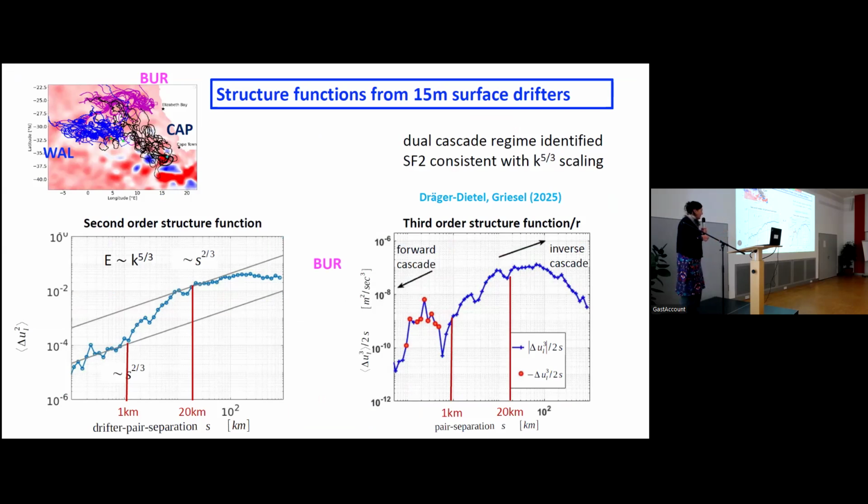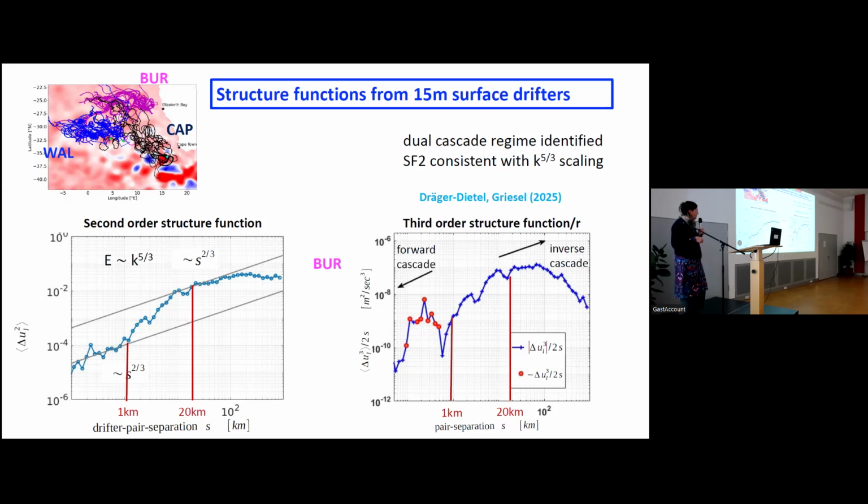But from the drifter data, we are deducing a dual cascade regime, with an inverse cascade, so a positive third order structure function, for scales around 20 kilometers and larger.